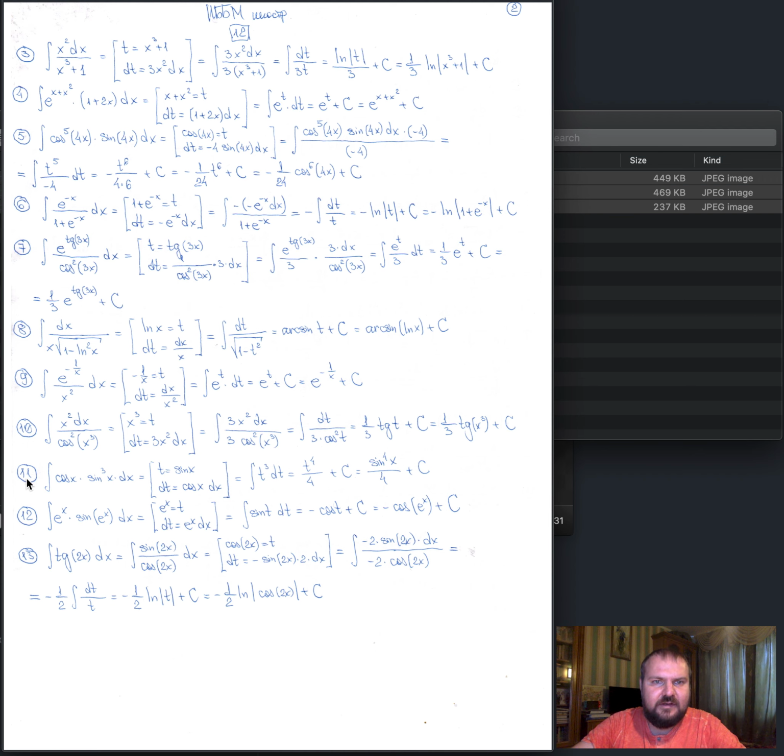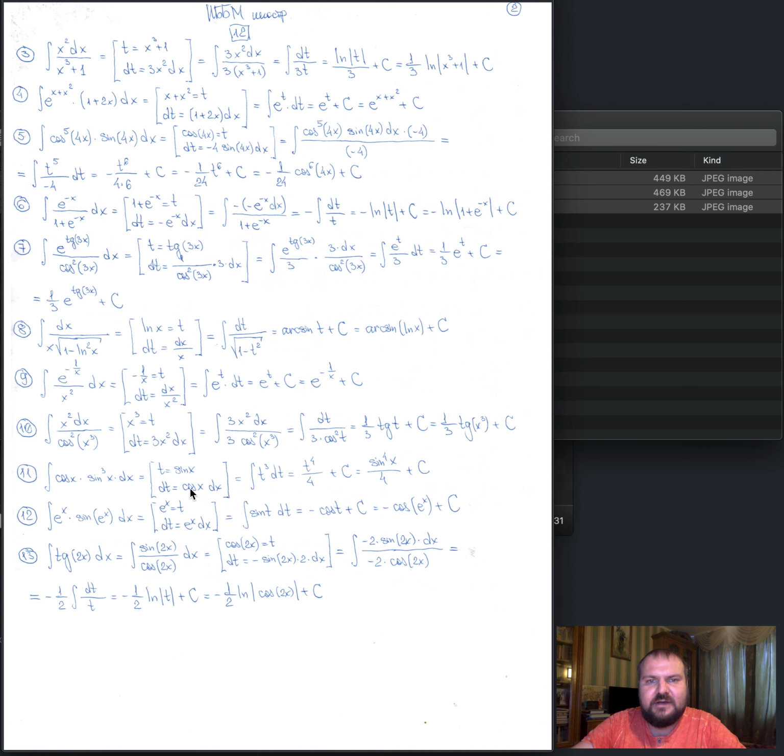Example number 11. It is the same as the fifth example. The integral of cosine x multiplied by sine x cubed dx. Let t equal sine x.